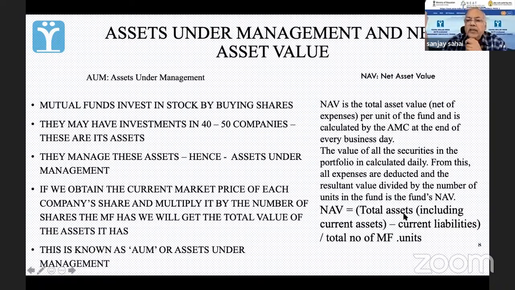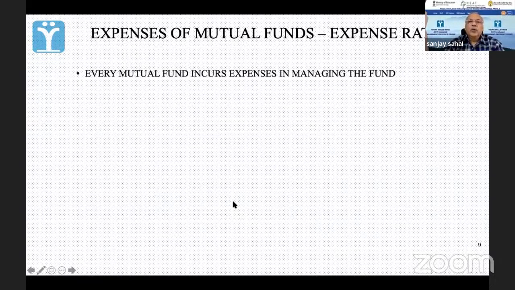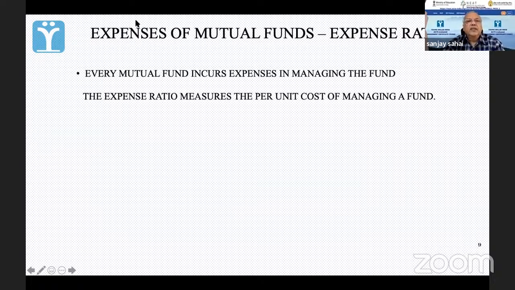How do we calculate it? We take the total assets, including the current assets. We reduce the current liabilities. Whatever amount is left, we divide that by the number of mutual fund units. So you get your net asset value per unit. Then we spoke about the expense ratio, the various expenses which the fund has.